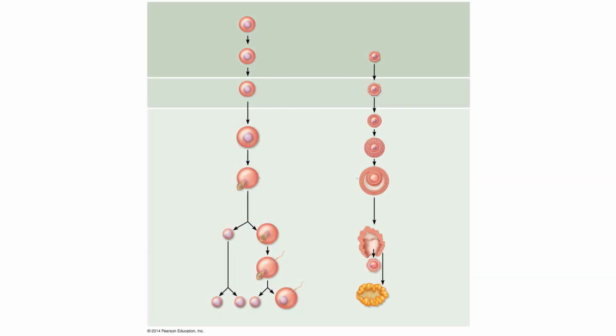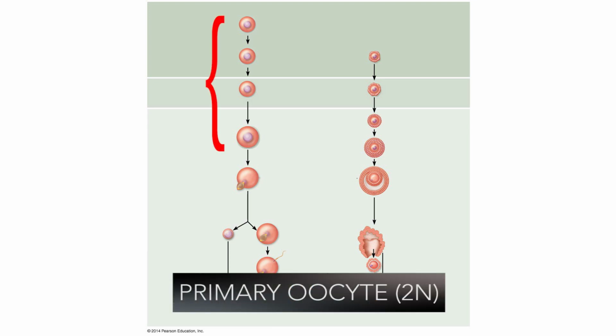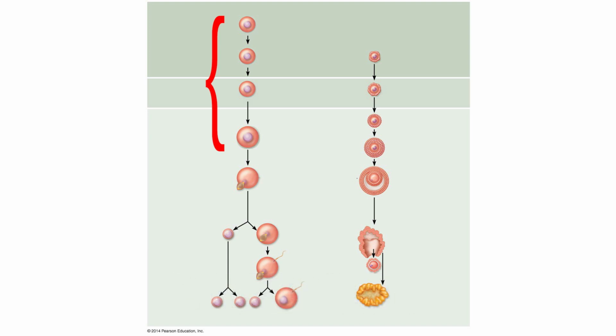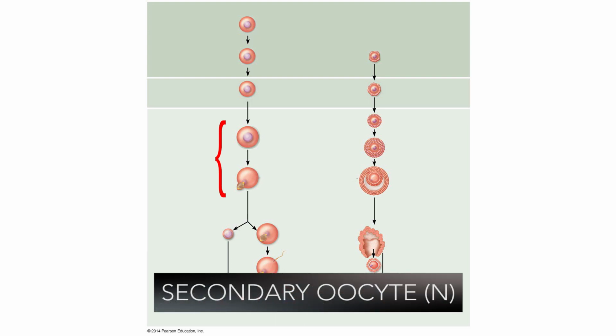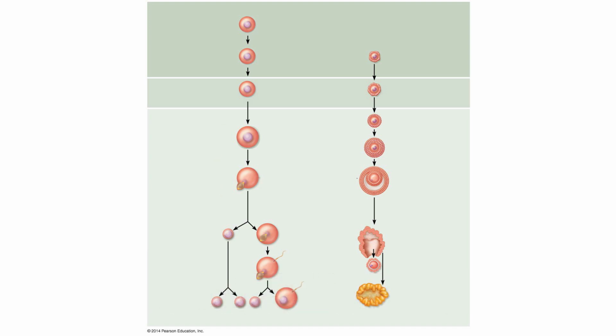All right, now this is the female division of meiosis. We, of course, start out much the same as the male, except you have a primary oocyte, 2N condition, that is, twice the number of chromosomes, which would be 23 pairs. Then when it goes through the first division, it becomes the secondary oocyte. And there it stays that way until sperm meet it.